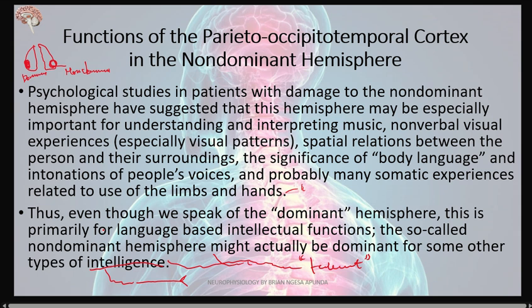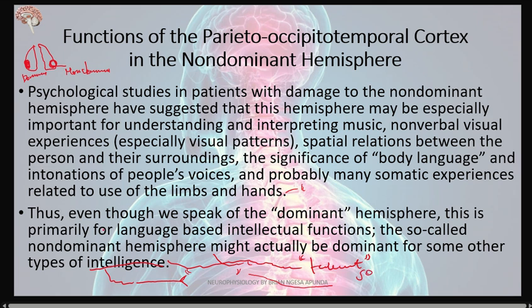So that means despite having a good Wernicke's area, sometimes your communication might be compromised if you are not able to understand the intonations, which are a very important aspect of the non-dominant part of the brain. So a good example could be in disease processes such as, how do we call it?